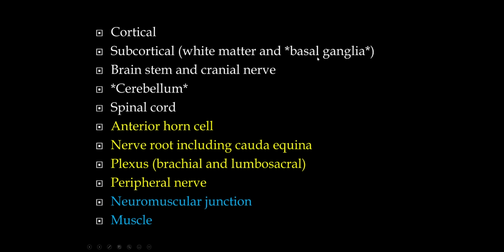So tremor, like Parkinson's disease or some other choreiform movement. Likewise, lesions of the cerebellum or degenerative process of the cerebellum don't result in weakness, but rather ataxia and some other problems that we'll talk about. So those are a little bit exceptions here, but otherwise everything else here, any lesion can give a patient weakness.